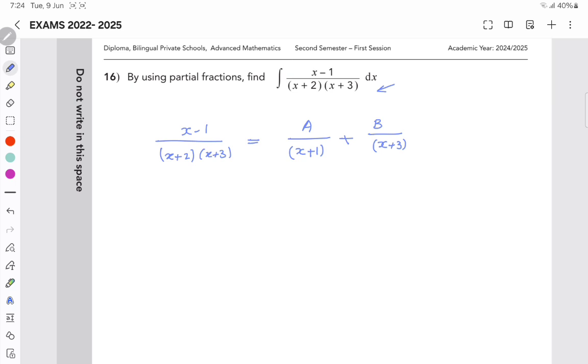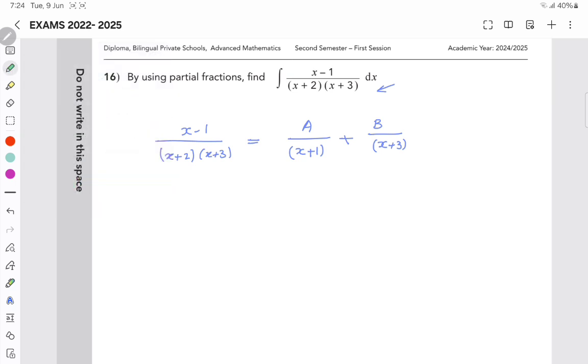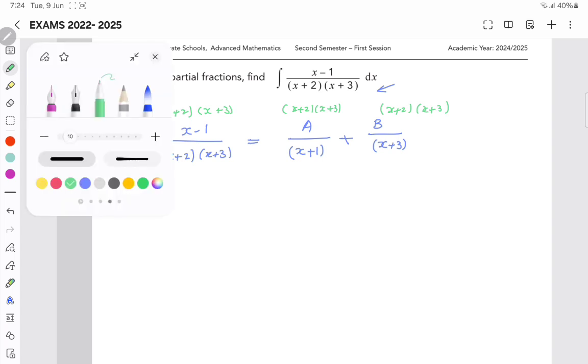Now, to simplify that, or to remove denominators, we multiply all fractions by the original denominator, x plus 2 times x plus 3. We just multiply all terms by x plus 2 times x plus 3. Now we start to simplify.